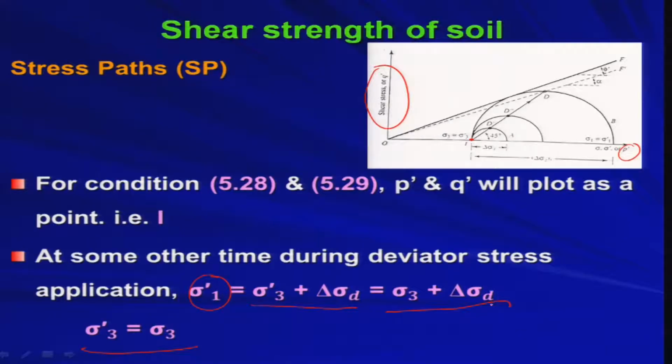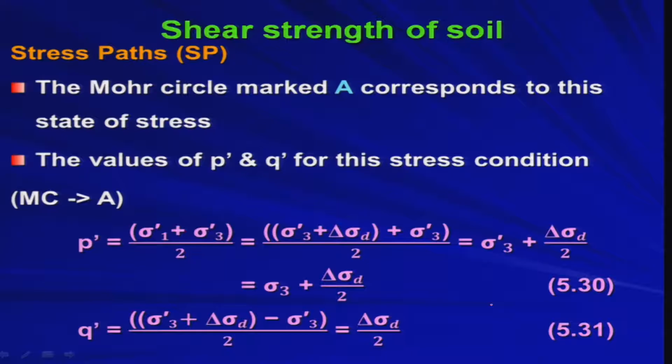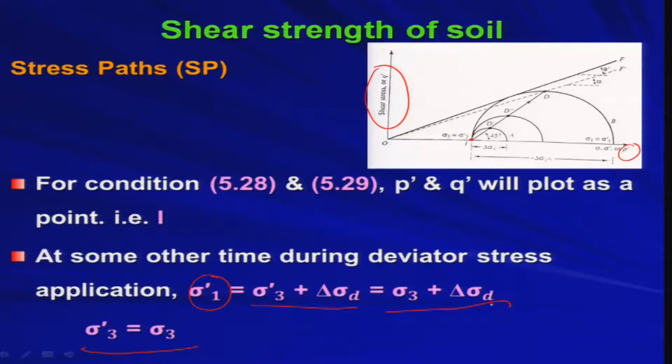Now, the Mohr circle marked A corresponds to this state of stress. If you see this figure, this is the Mohr circle A. It indicates that this is your sigma 1 prime and this is your sigma 3 prime, so this Mohr circle indicates that state of stress, am I right.